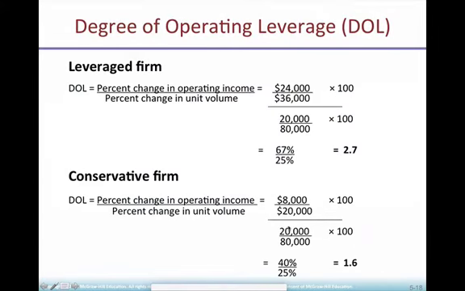You see? And now we have less leverage on the conservative firm. We expected that because this is the example when they take on less fixed cost, less leverage, less borrowing money to grow faster, so they end up with less leverage.